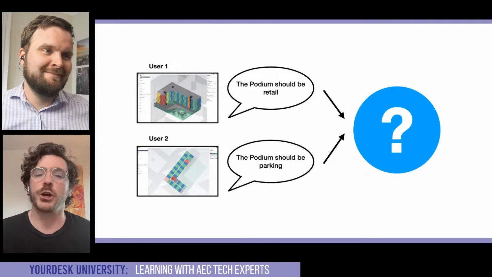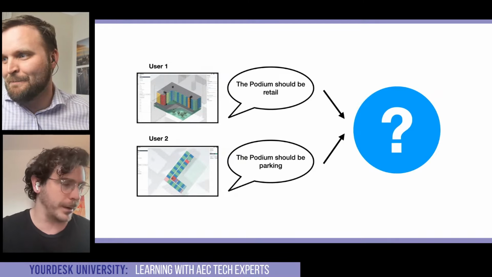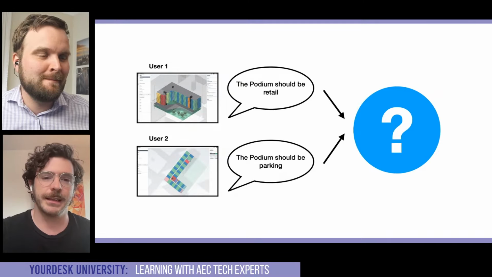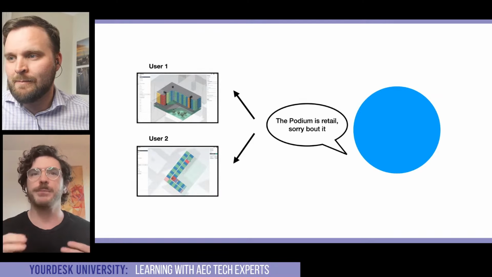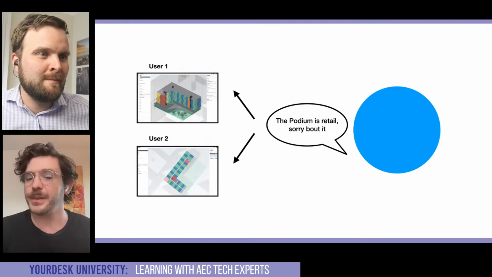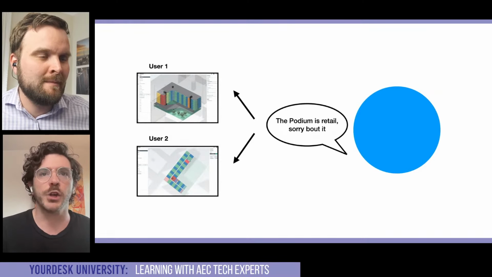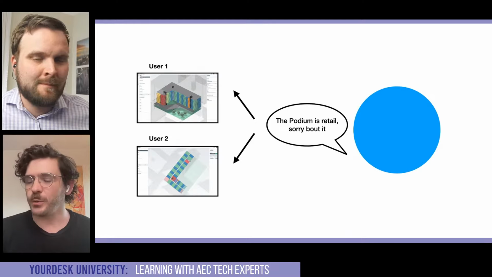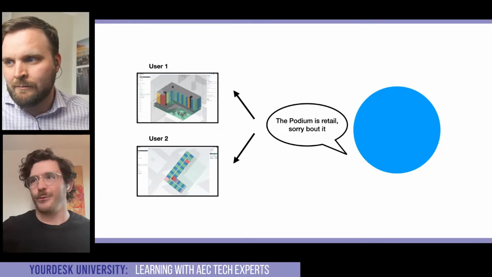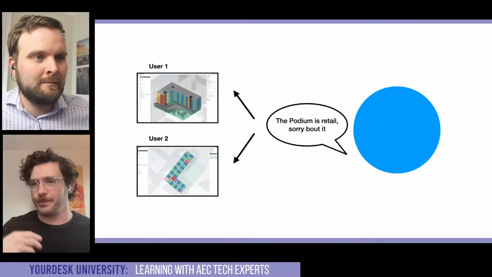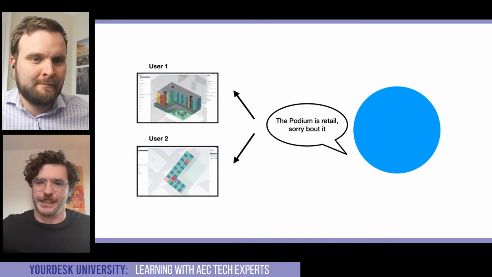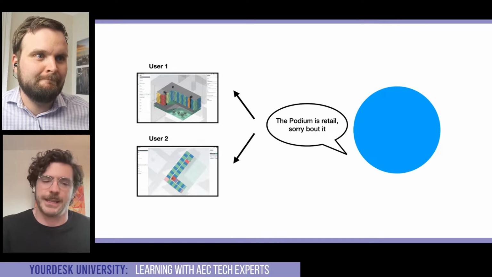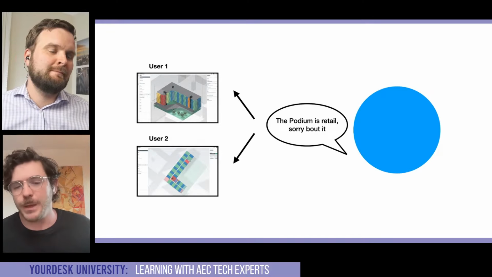It turns out the most important thing is not that one user gets picked over another, but that both users end up with the same answer. The disaster would be if you kept working with your parking podium and I kept working with my retail podium, and we were living in separate universes, even though we thought we were occupying the same model in the same way. That would be a problem.